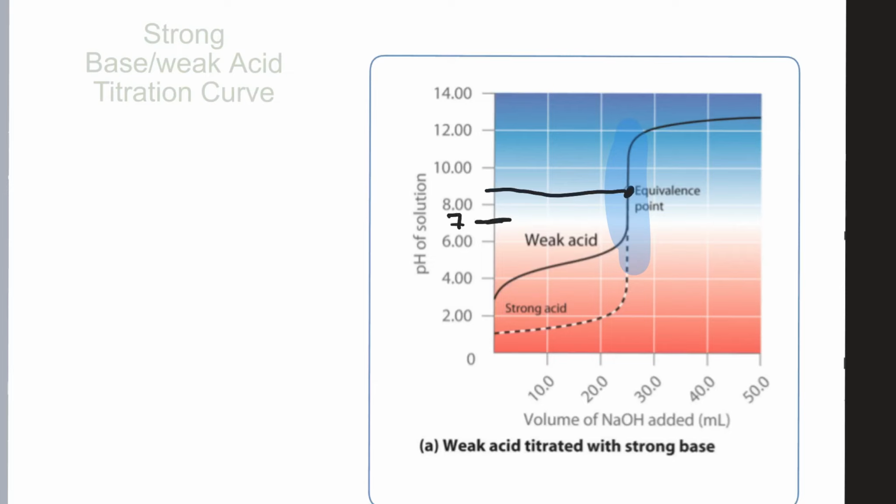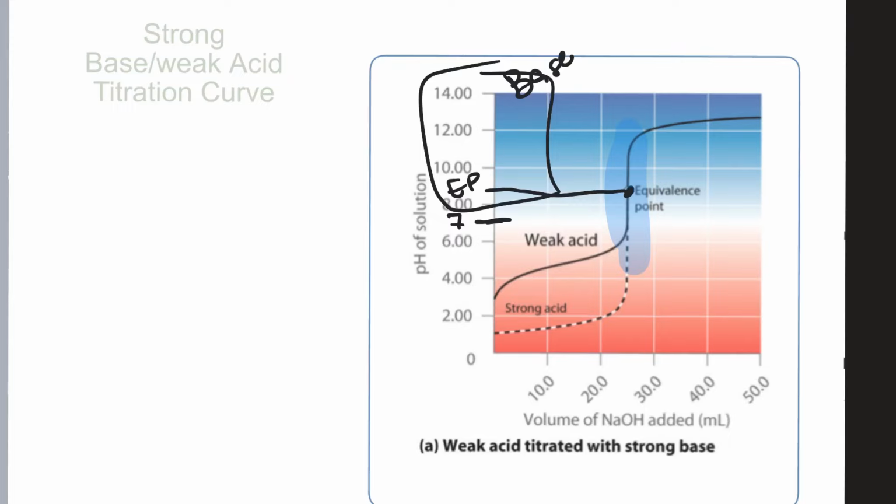So here's 7, here's the equivalence point, which I'll call EP. It's above 7, in the range where the pH is typically basic. If your equivalence point is in the basic range, then you know the strong one was the base, and you had a weak acid. That's how you can tell.